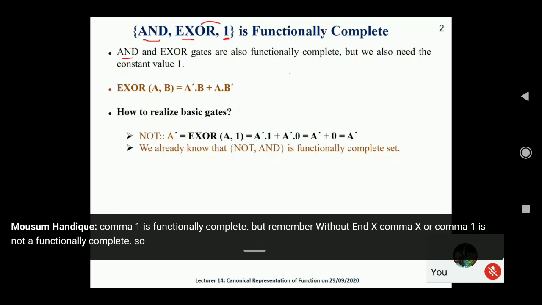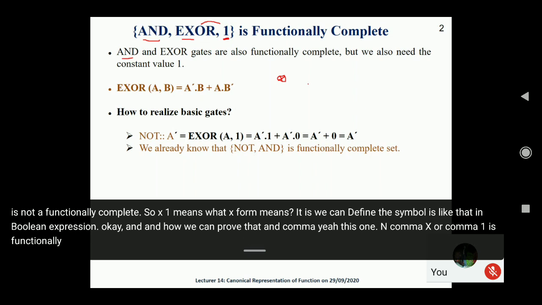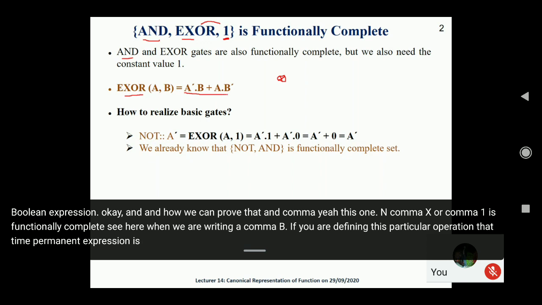So XOR means what? We can define the symbol like that in a Boolean expression. And how can we prove that AND comma XOR comma 1 is functionally complete? See here, when we are writing A comma B and defining this particular operation, the expression is something like that.